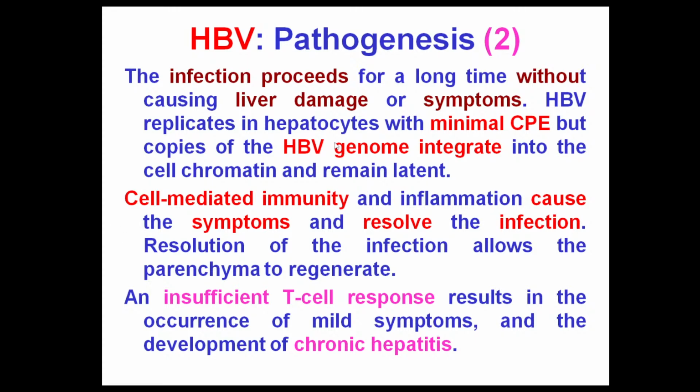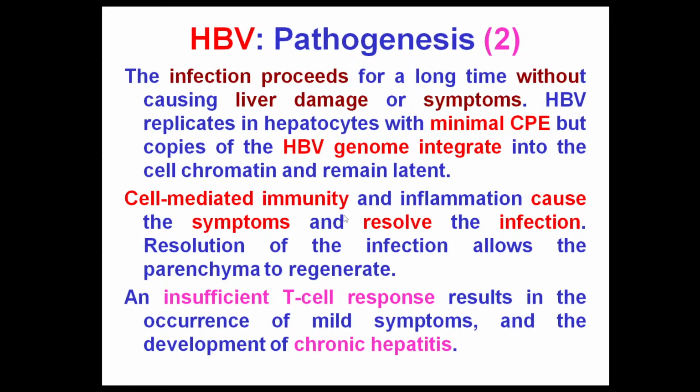But the copies of the hepatitis B genome integrated into the cell chromosome may remain for a very long while. Cell-mediated immunity and inflammation cause the symptoms and the resolution of the infection. So what does it mean?